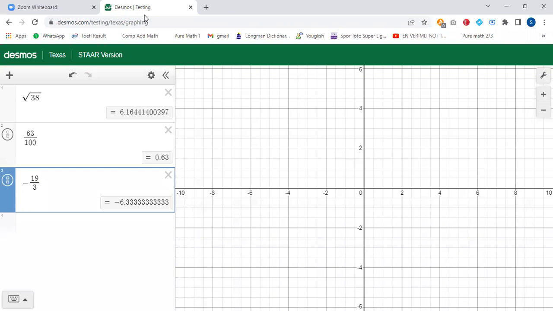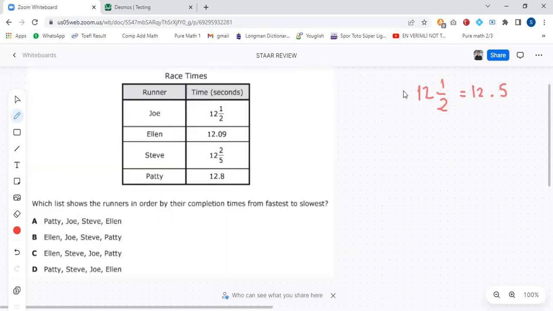By using your calculator, first you need to find 1/2 as a decimal. That's 0.5. Then you put 12 in front of the decimal point. So this is 12.5. The next one is already in decimal form, 0.9. So let's write two decimal numbers after the decimal point.